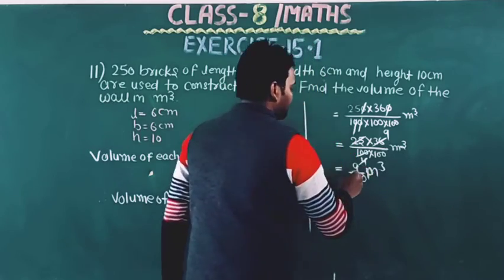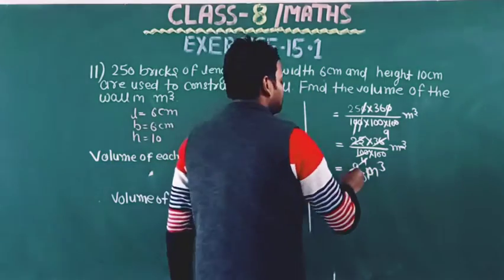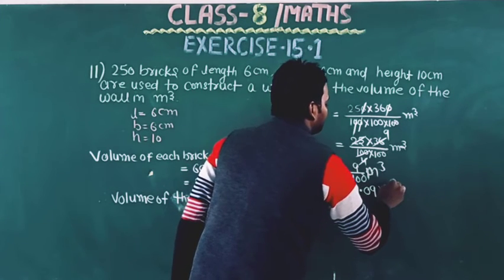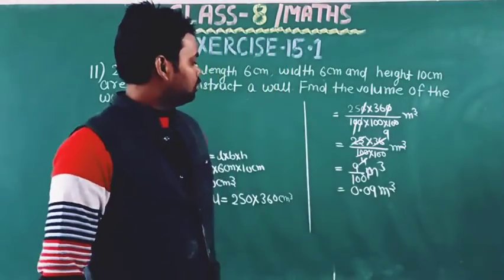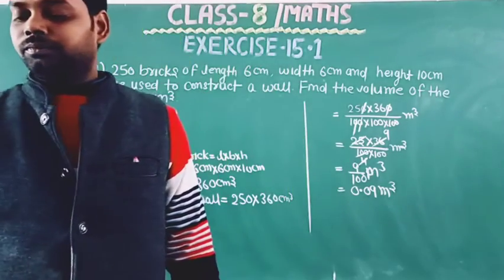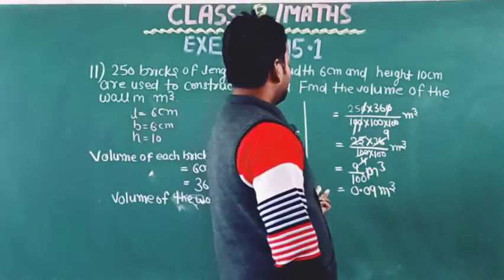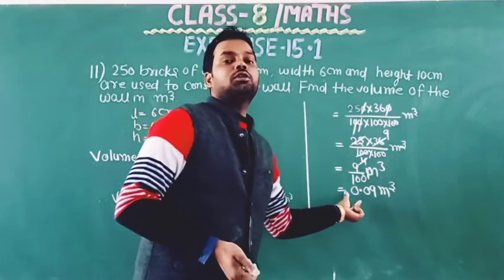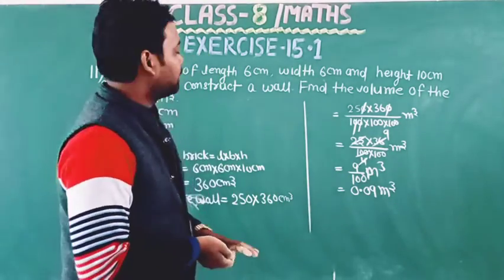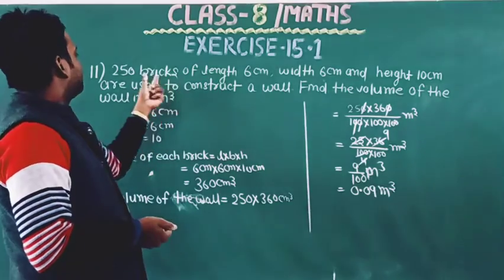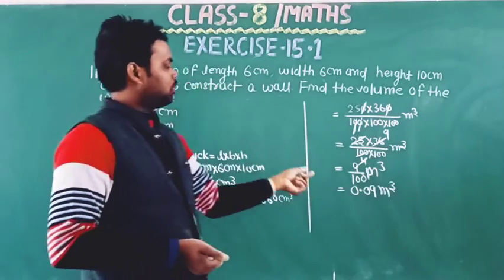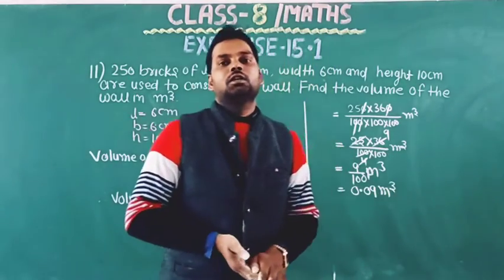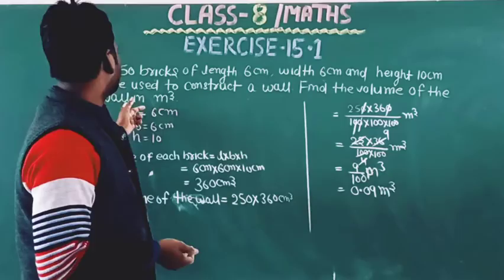Dividing 9 by 100, we get 0.09 meter cube. The total volume of the wall constructed by using 250 bricks equal to 0.09 meter cube. This is the required answer of question number 11.